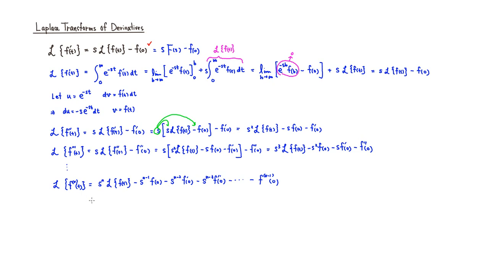We can do the same thing with the nth derivative: s to the n times capital F of s, minus s to the n minus 1 times f of 0, minus s to the n minus 2 times f prime of 0, and so on. And you have the n minus first derivative of f evaluated at 0.